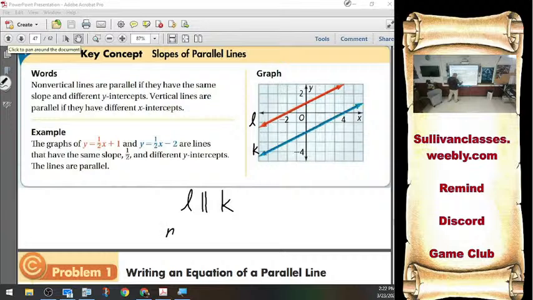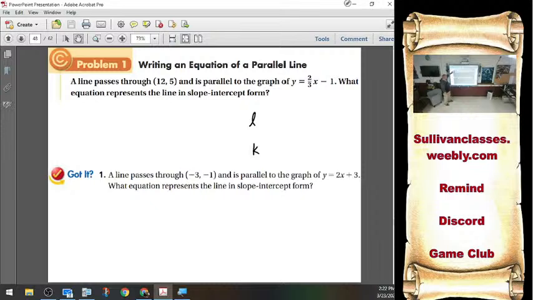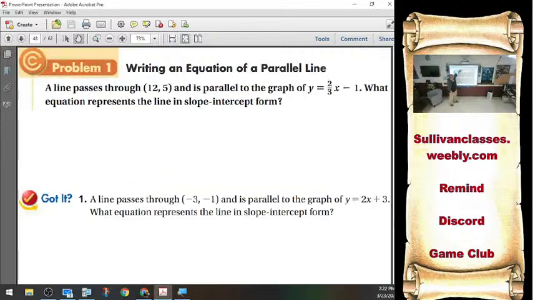means the slope in L is up 1 over 2. The slope in K is going to also be up 1 over 2. They're going to be the same. So when they tell you to make parallel lines, the only thing that you care about is the slope. And they say, we're going to go through this point, and it's parallel to that line.